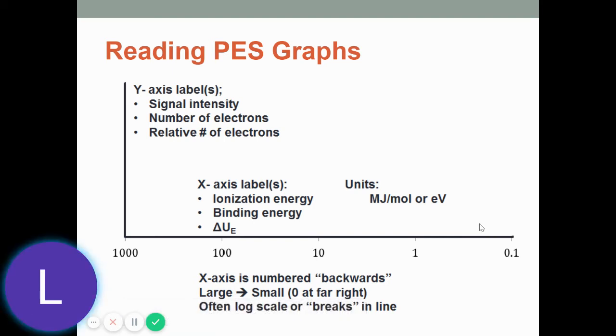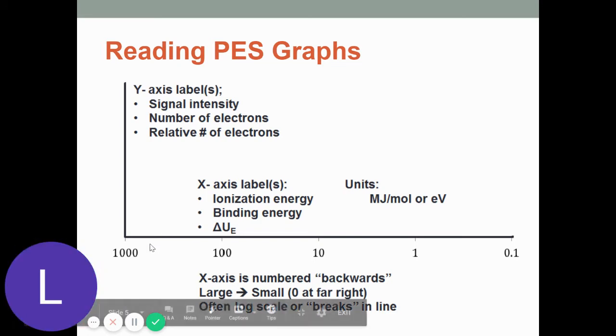What's nice about this is it means you can essentially read the peaks in order of an electron configuration. Because if you think about an atom, we always start writing our electron configuration at 1s. Well, those are going to be the innermost electrons. And the innermost electrons are going to take the most energy to release.